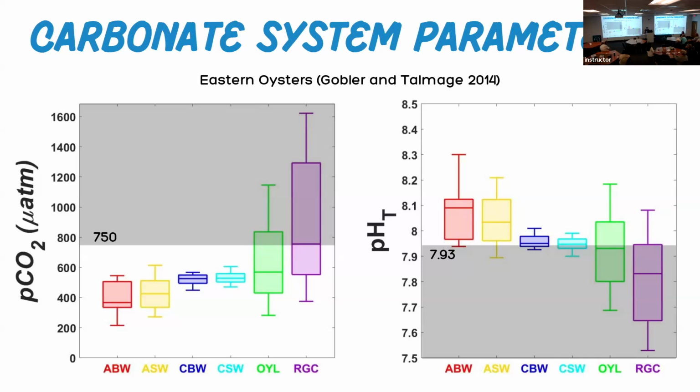That was also a pH of 7.93 and below. We can see that our estuarine sites encompass those ranges. That indicates these organisms could be experiencing stressful conditions, and this may be affecting them in our areas.